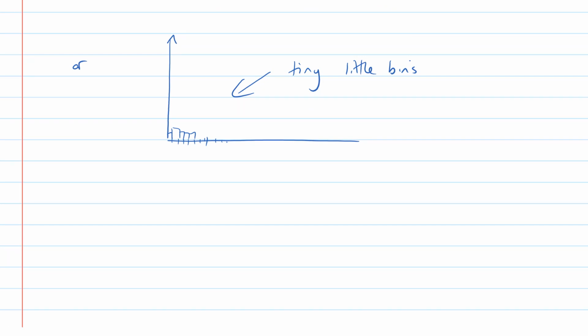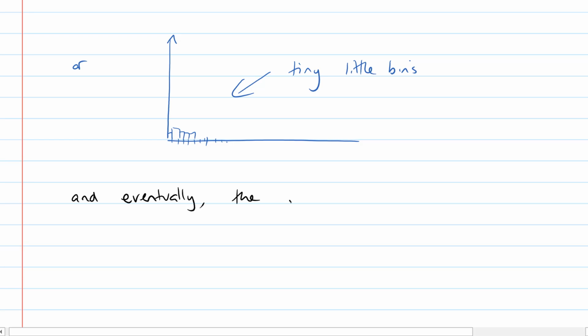And for those of you who've taken a little calculus, you can probably see where this is going. You take the limit as your bin size goes to 0, but for everybody else, we're just going to say that eventually the rectangles will get so small that you can't even see them.